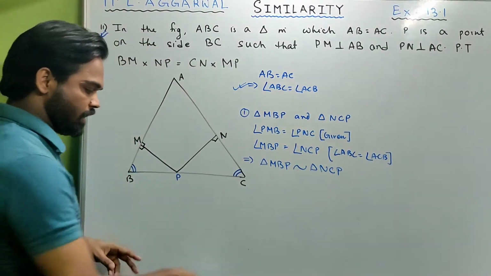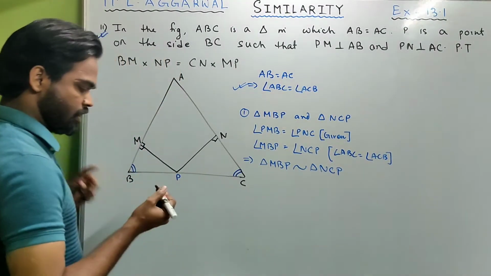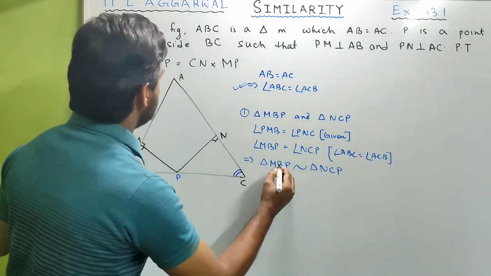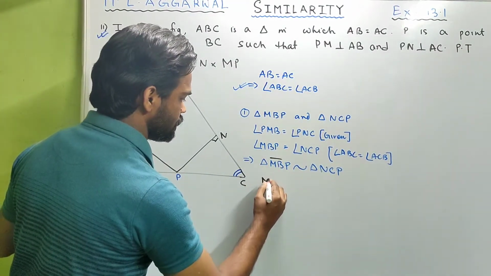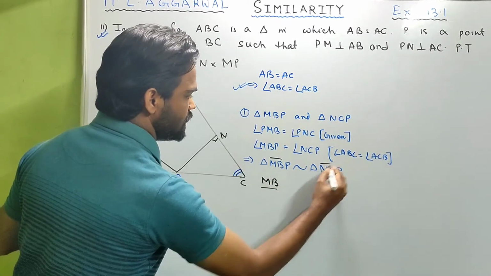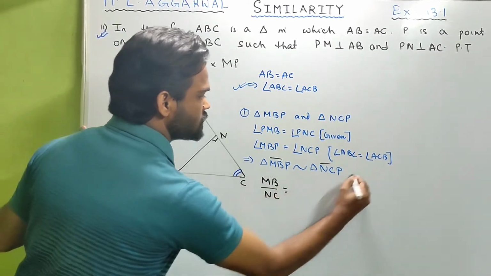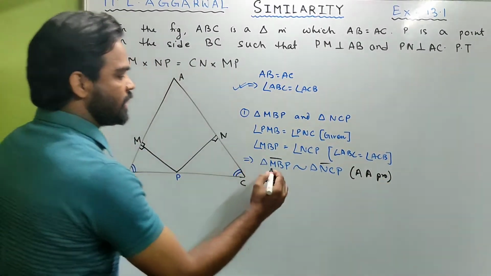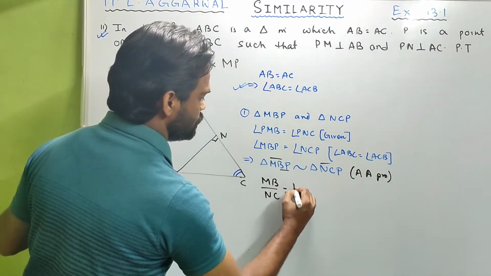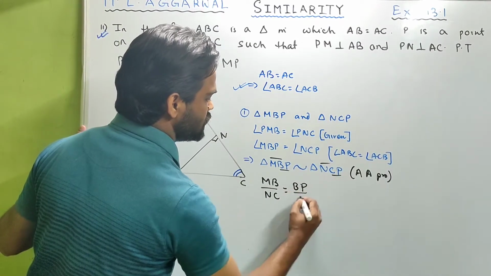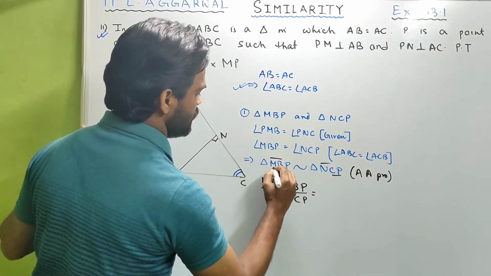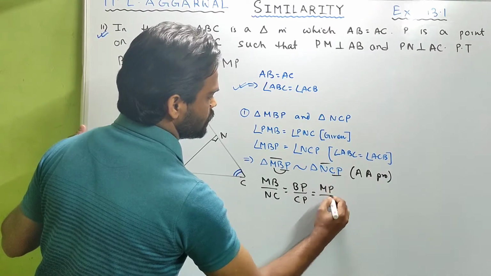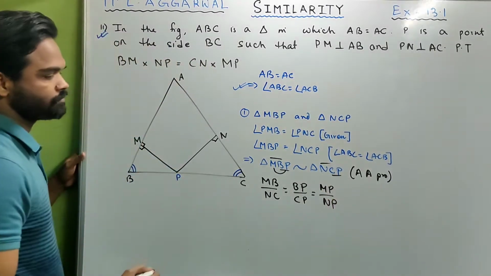Now, if these two triangles are similar, we can say that MB by NC, remember, this is angle property, MB by NC equals to BP by CP is equal to MP by NP, isn't it?